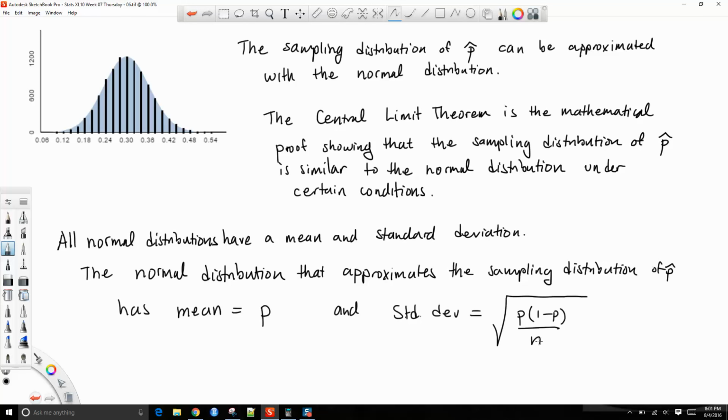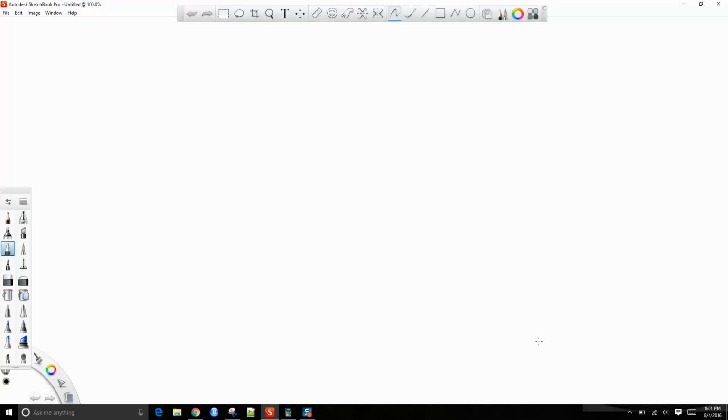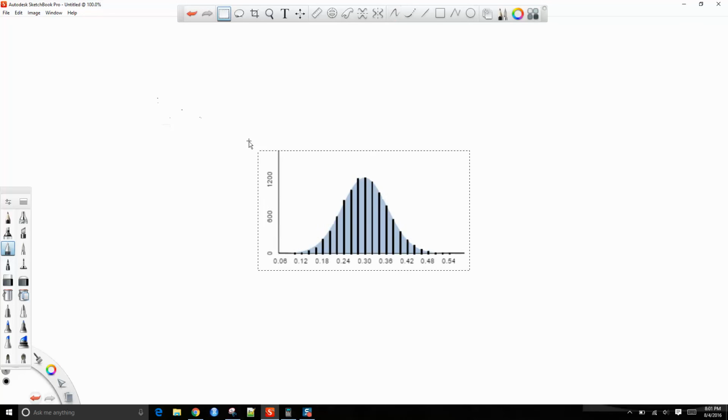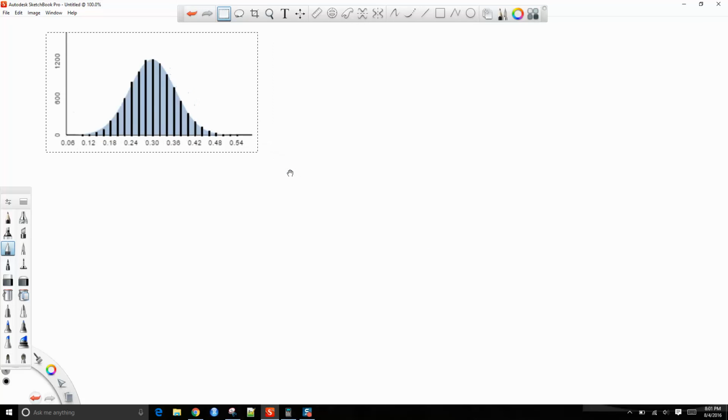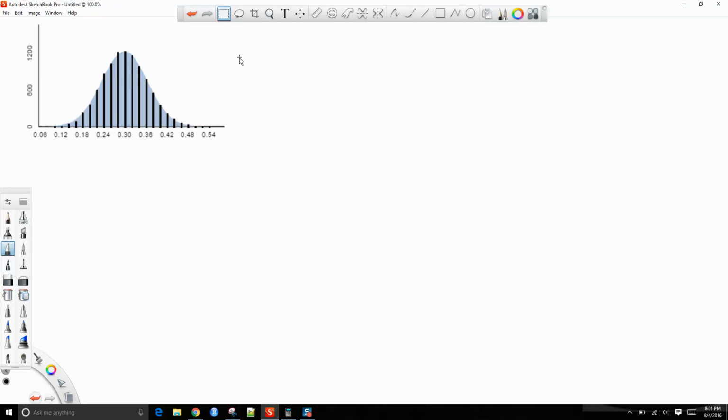All right, so let's put this together and let's try something out. Here's our tank of Reese's Pieces.